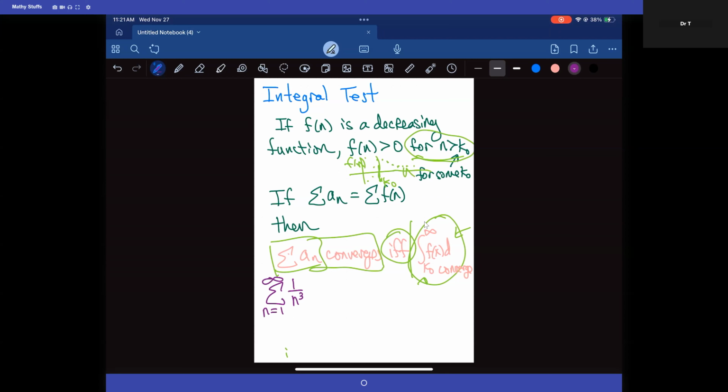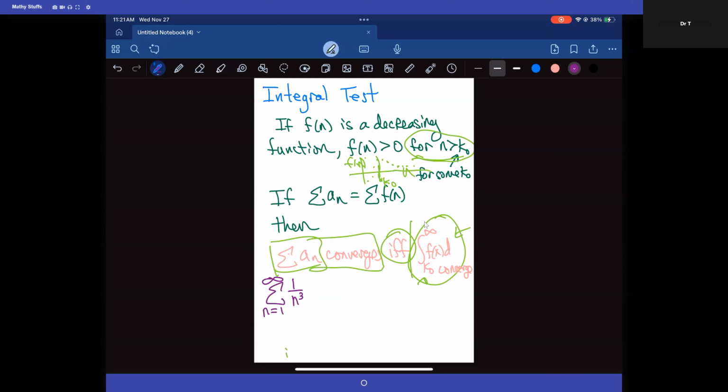So this 1 over n cubed is decreasing starting right at 1. I've got 1 over 1 cubed, 1 over 2 cubed, 1 over 3 cubed. Just thinking about the terms, not adding them. I'm just thinking about the list of things that I'm adding. That list of things is decreasing.